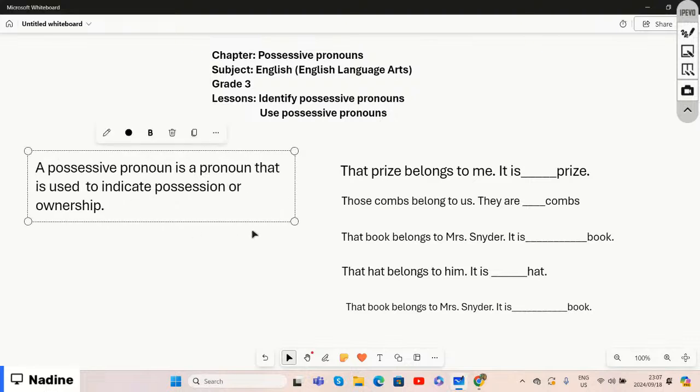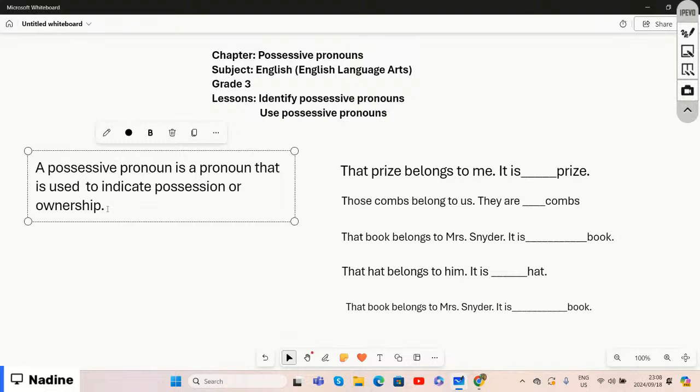So if it's your toys, right? Then you will say it is mine. If it does not belong to you, but it belongs to your sister, you're going to say it is hers. If it is not yours, but it belongs to your brother, you're going to say it is his.